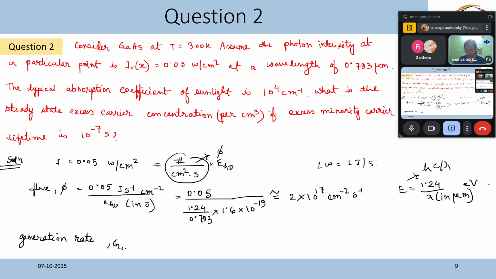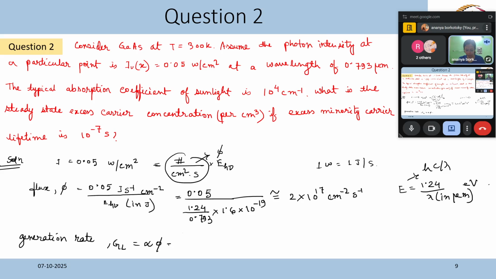I am writing alpha into phi. This equation I have already discussed earlier, I am using it. So this is per centimeter square per second, and I multiply with alpha, so I will get the number of electron and hole pairs that are generated per unit time, right?